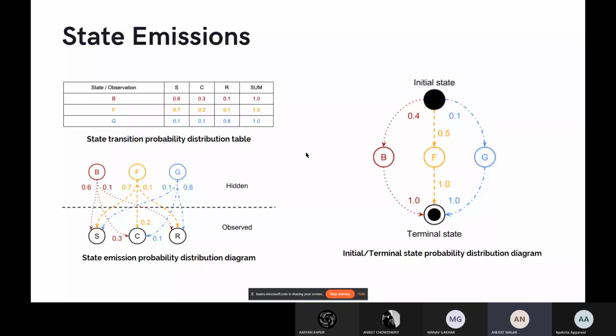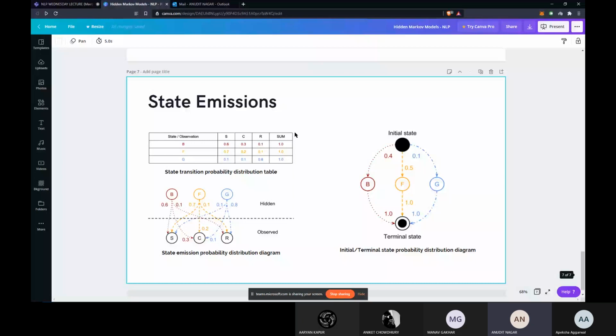They preserve the contextual integrity of the entire sentence and help you learn in a much, much better manner. So this was essentially a quick overview of hidden Markov models. Thank you.